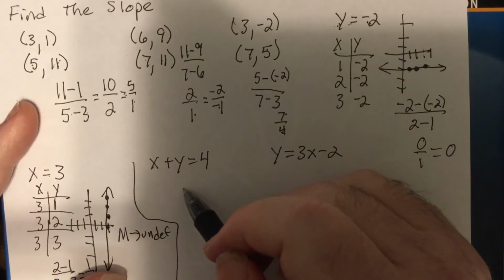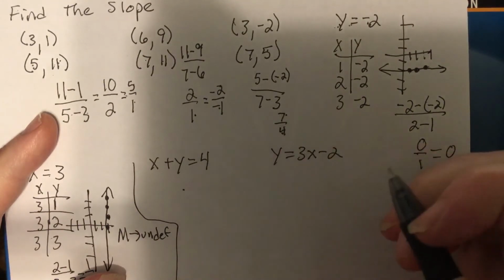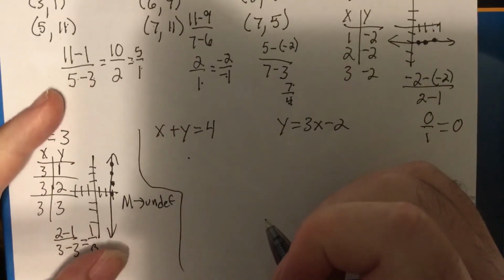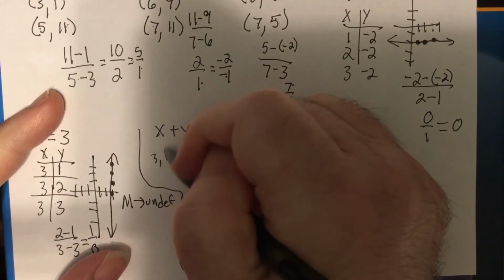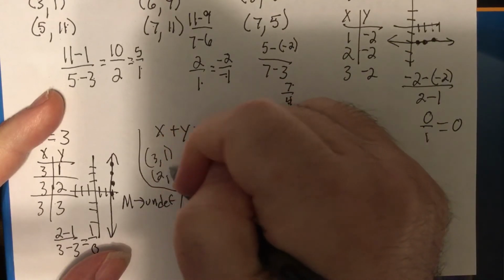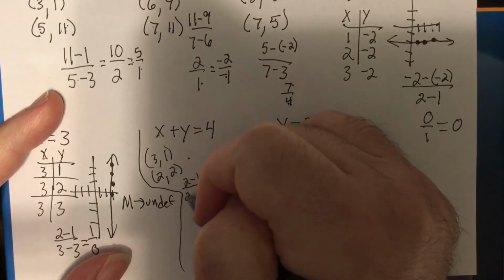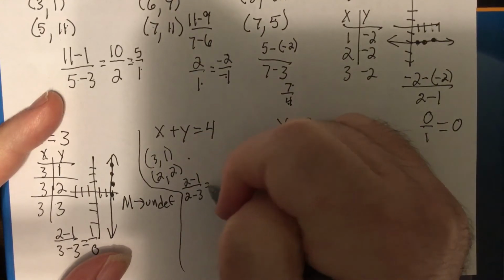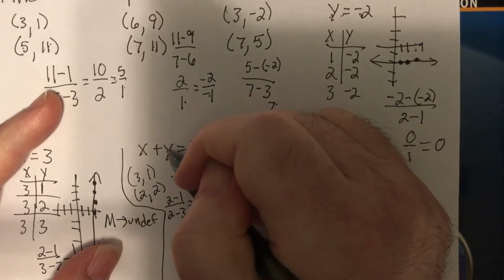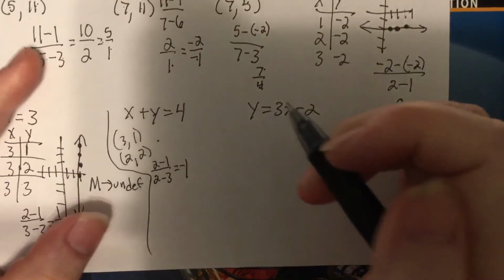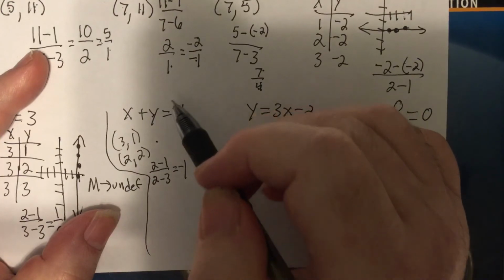Now, to graph using slope, we could find two ordered pairs, then find the slope. But what they found out, so if I used 3, 1 and 2, 2, we'd have 2 minus 1 over 2 minus 3, which is negative 1. But what they discovered is when you have the equation solved for y, y is by itself, the number times your x is always your slope.